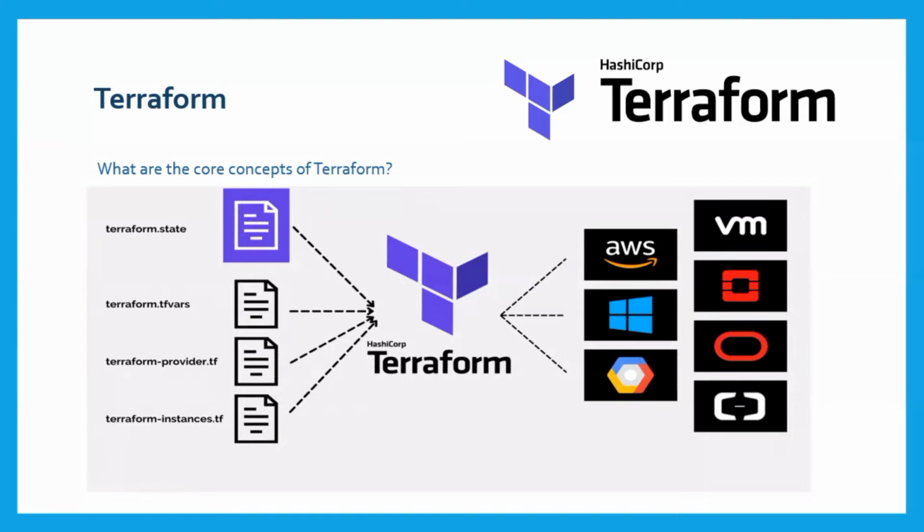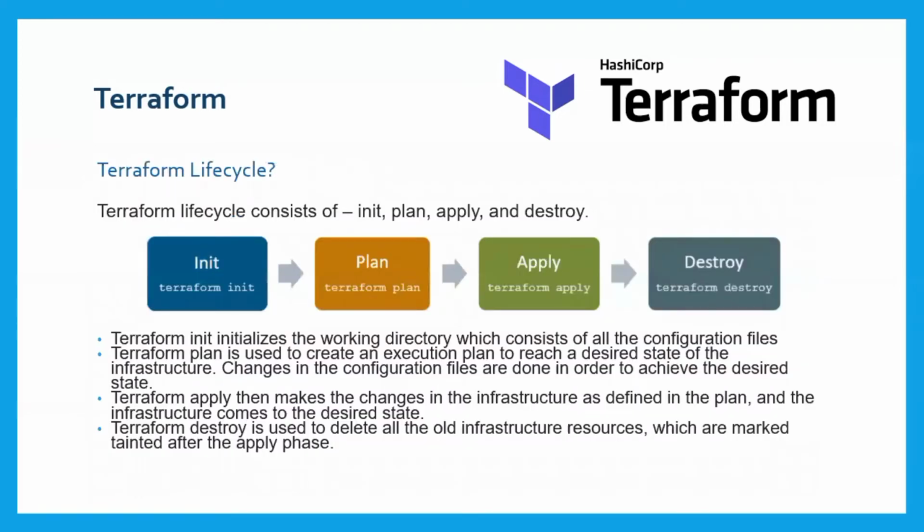So whatever resources there are, like I want to create an EC2 instance, that will be treated as a resource for Terraform. The configuration for that particular resource will be written in the Terraform instances file. Okay, and you can see here that Terraform actually supports many different cloud platforms like AWS, Azure, GCP, VMware, DigitalOcean, Alibaba, and OpenStack.